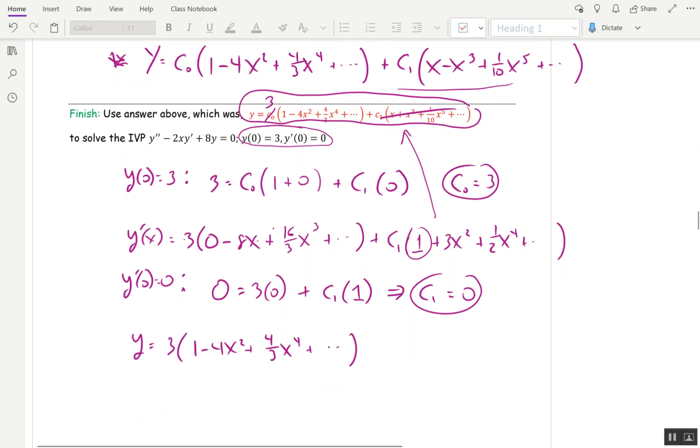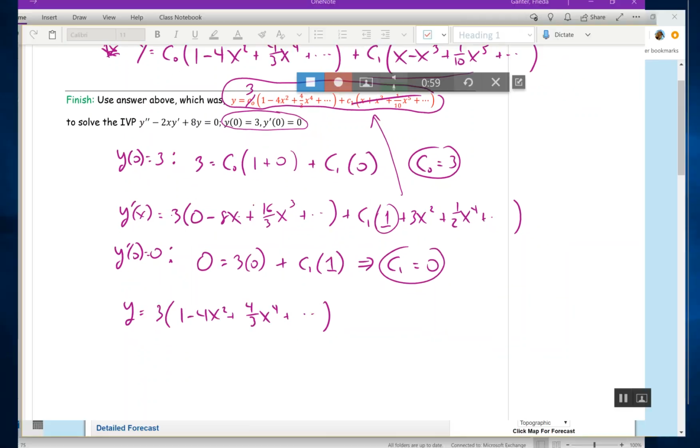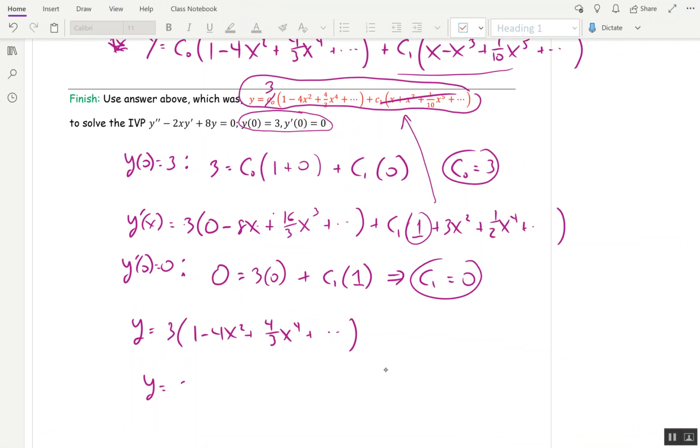So if I want to write that a little cleaned up, y equals 3 minus 12x squared plus 4x to the fourth dot dot dot. And that is the solution to the IVP. Notice there's no constants in there. So you're doing it just like you would solve any other IVP. You're plugging in the two values. It's just that instead of now having a polynomial, we have an infinitely long polynomial. But the process is the same.